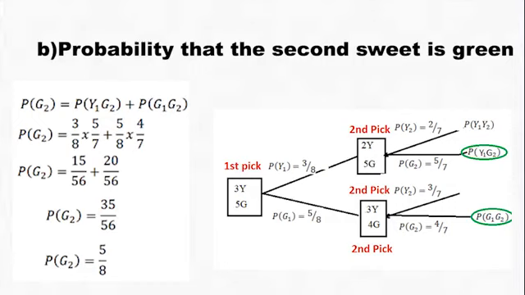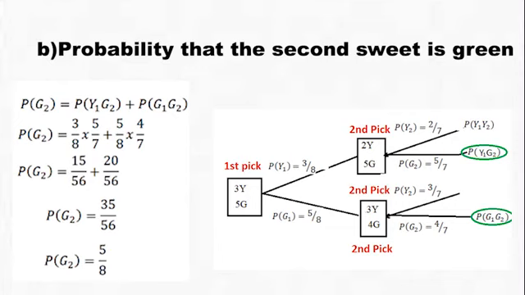Similarly, the probability of getting a green sweet first and a green sweet second is 5 out of 8 times 4 out of 7.